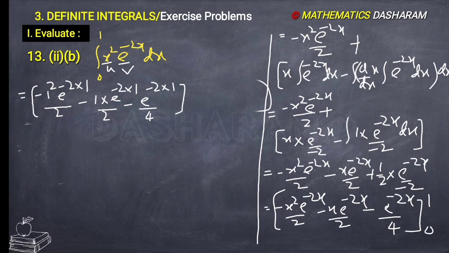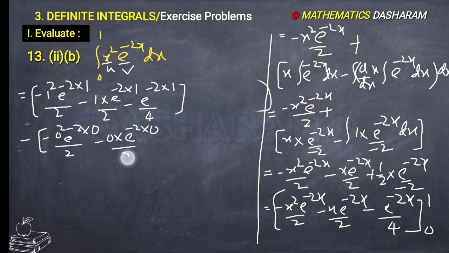Next to minus, substitute the lower limit: minus 0 square into e power minus 2 into 0 divided by 2 minus 0 into e power minus 2 into 0 by 2 minus e power minus 2 into 0 by 4.